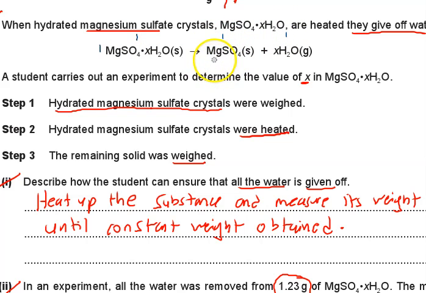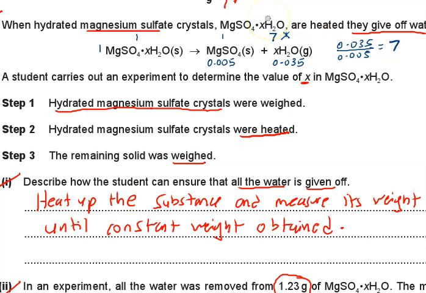So here we have 0.005 for magnesium sulfate, and the water is 0.035. This is X. So we divide 0.035 by 0.005, and we get 7.